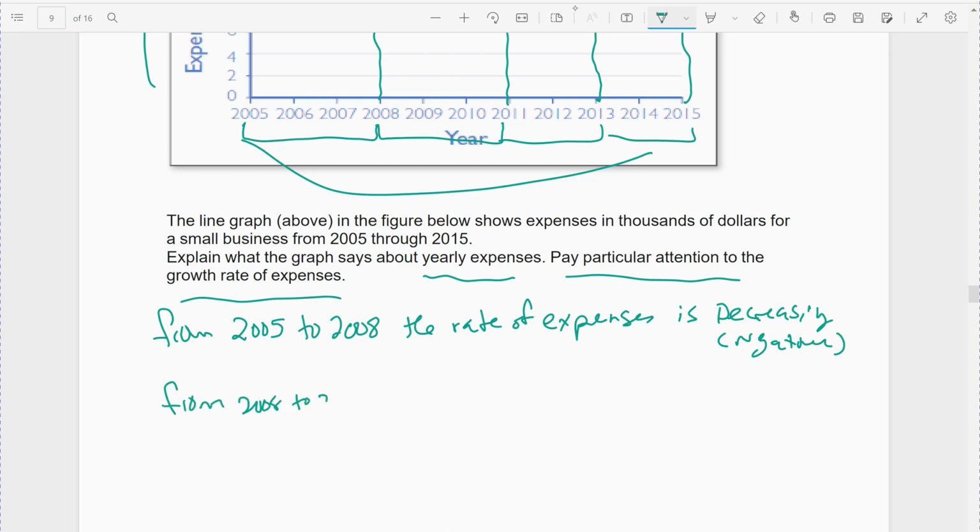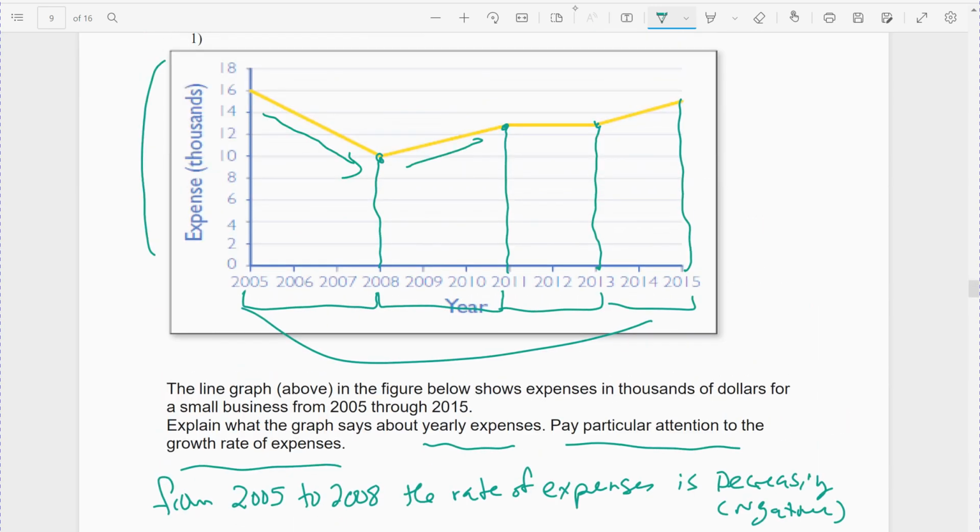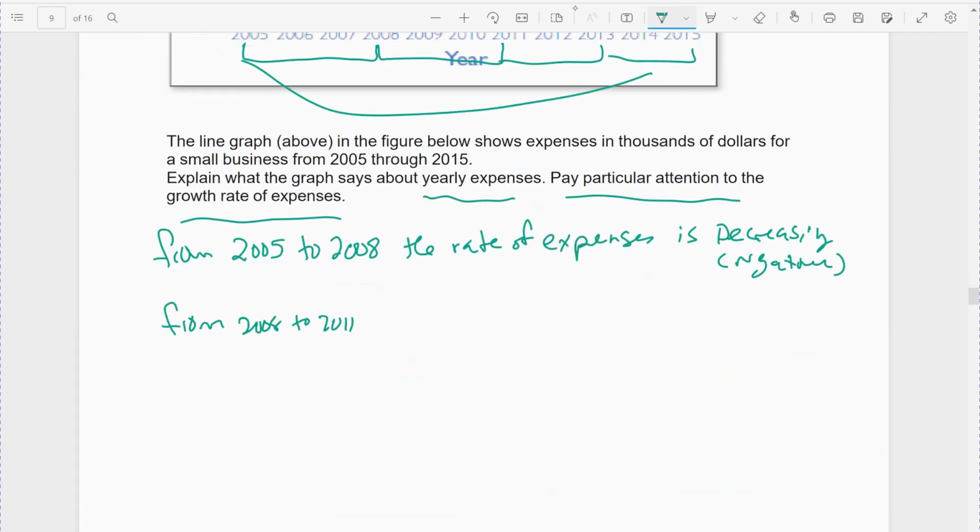All right, from 2008 to 2011 was the next place we were going to look. Looking between there again, it looks like it's increasing. So between 2008 and 2011, the rate of expenses is increasing.